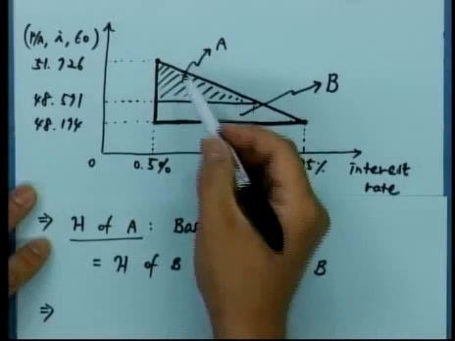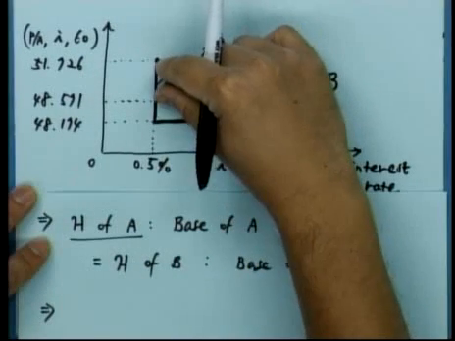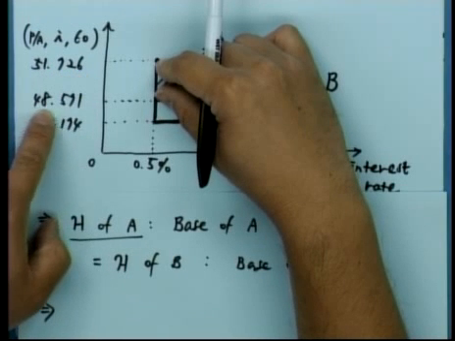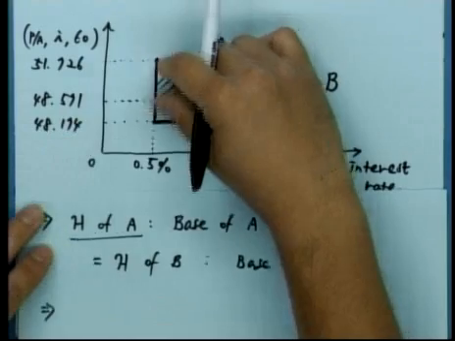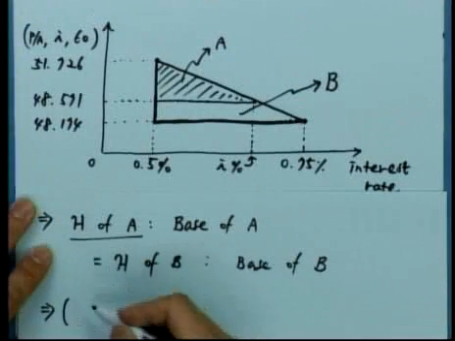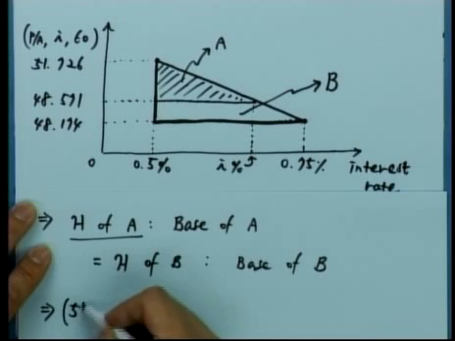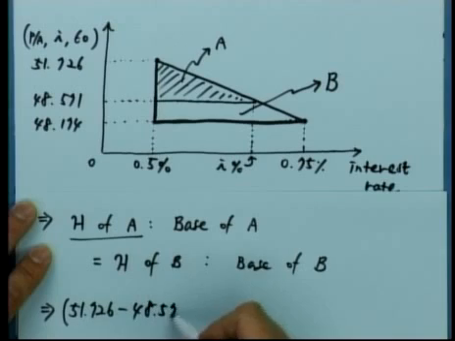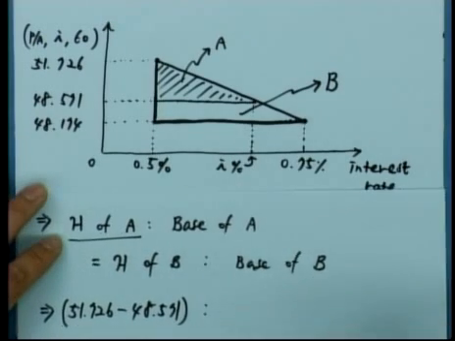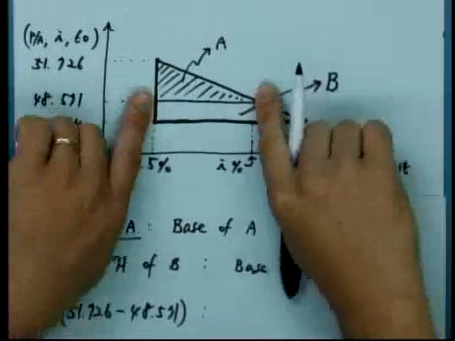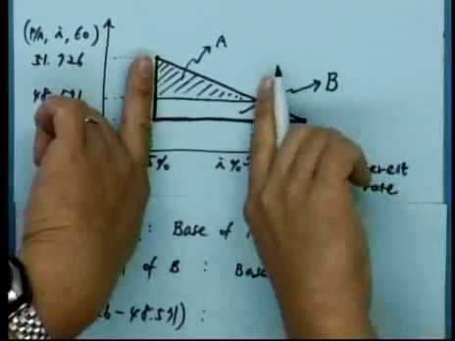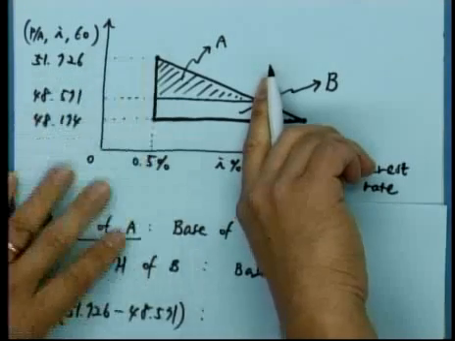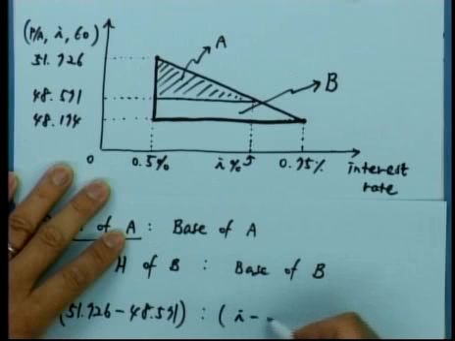The height of triangle A is this amount, right? Which is 51.726 minus 48.571, versus how do you get the base of A, which is this? That's going to be I% minus 0.5%, right? So I minus 0.5.